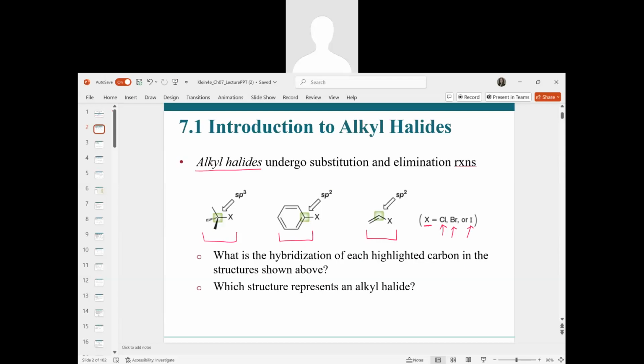So the first structure, and the carbon, we're told here, is sp3 hybridized as compared to an aryl halide in the middle or a vinyl halide shown over here. These are both sp2 hybridized. So that's the difference between the types of reactions that we're going to see. Alkyl halides are sp3 hybridized, so that's why those types of compounds will react in this certain fashion.